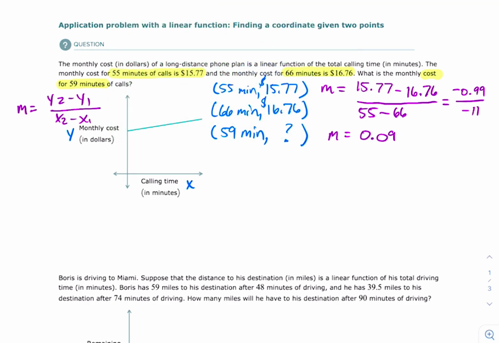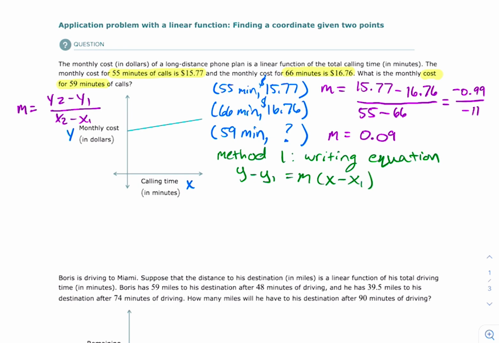The first method is just writing our equation. And when we do that, we are using our point slope form. So that's y minus y1 equals our slope times x minus x1. So for our m, we're using that 0.09.